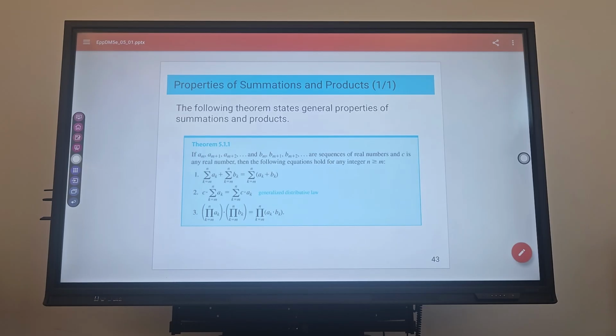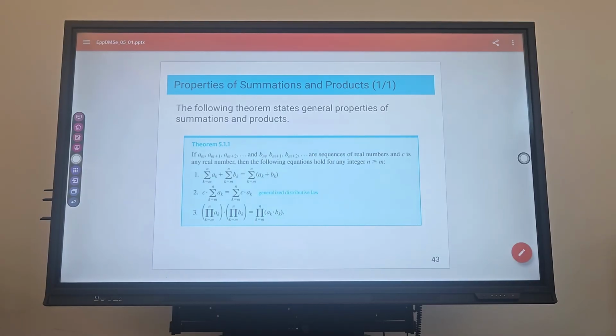Two summations with the same starting index and ending index are equal to the summation of the two terms added together.